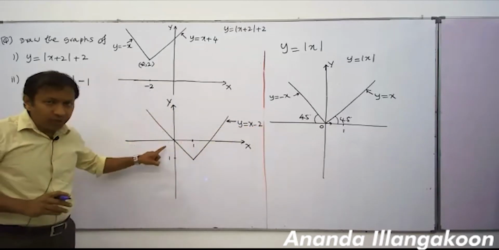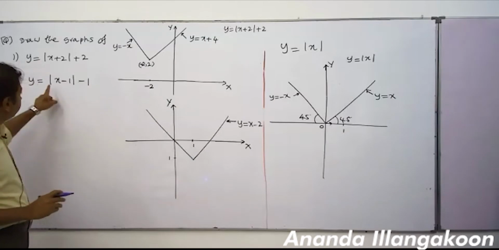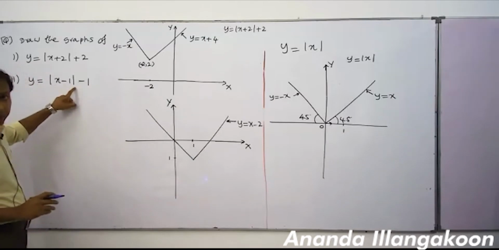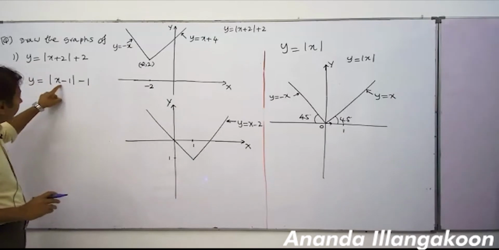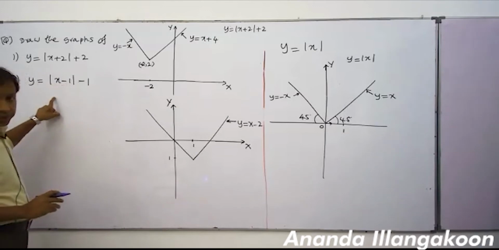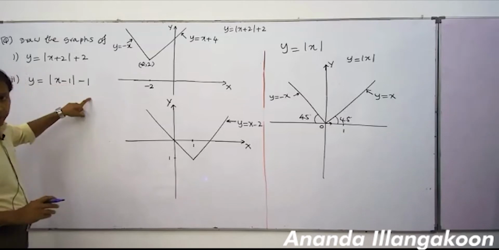On the left of 1, |x - 1| is equal to, multiply this by a minus sign, -x + 1. Another -1 here we have.